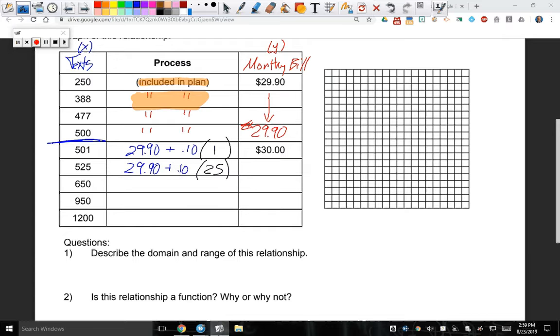So 10 cents, you can use your calculators, times 25, because there's 25 texts. If you add it all up together, what would be the total? No, like the total for the whole cost. $32.40, right? So $32.40 is the total, because remember we're at $29.90.